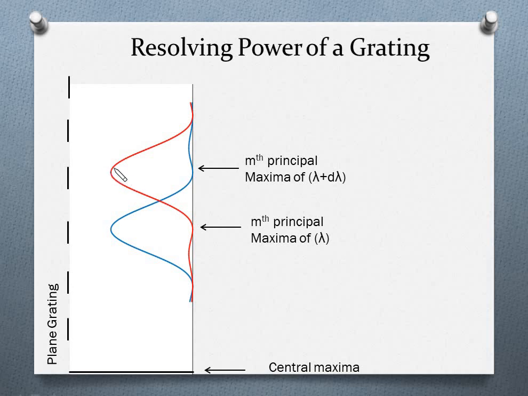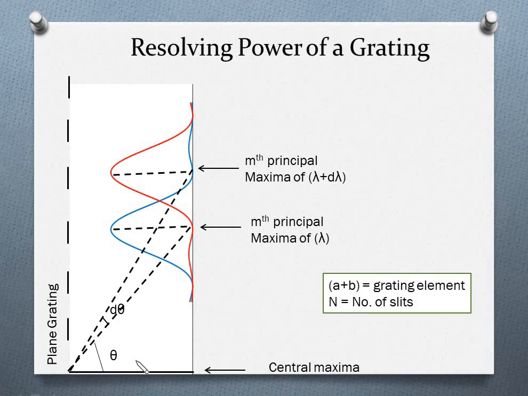That's why the mth order principal maxima of lambda plus d lambda coincides with the first minima after the mth order principal maxima of wavelength lambda. This is the angle of diffraction for the principal maxima, and this is the angle of diffraction for the first order minimum.